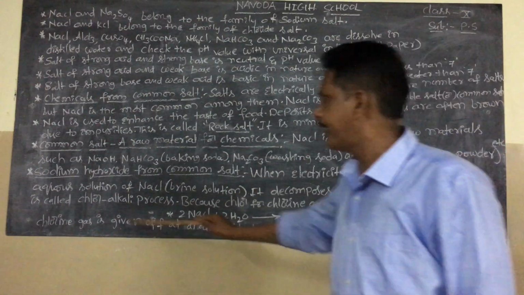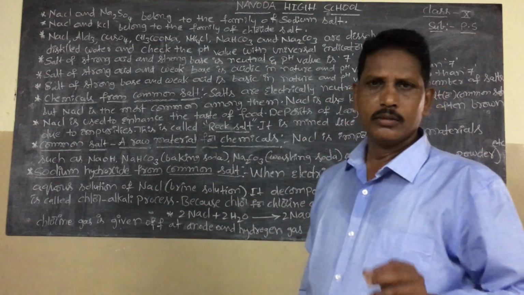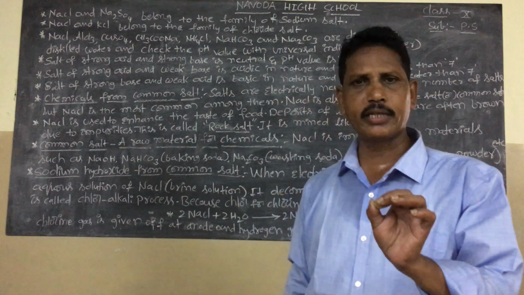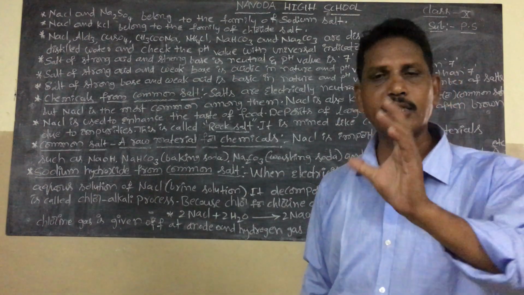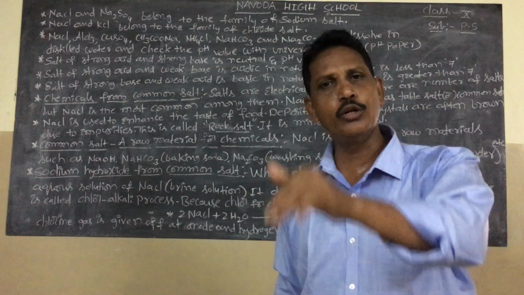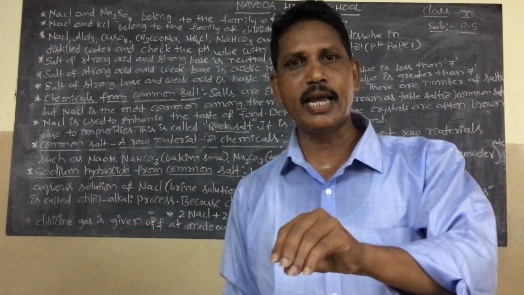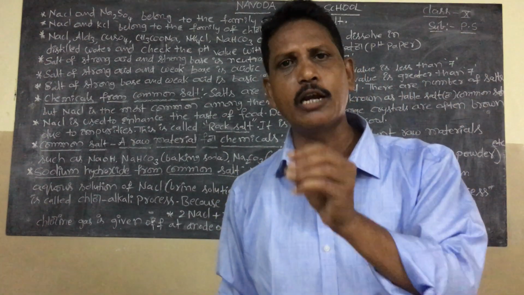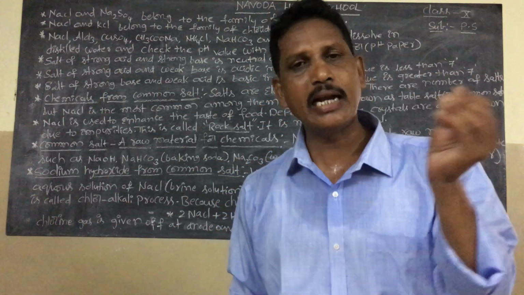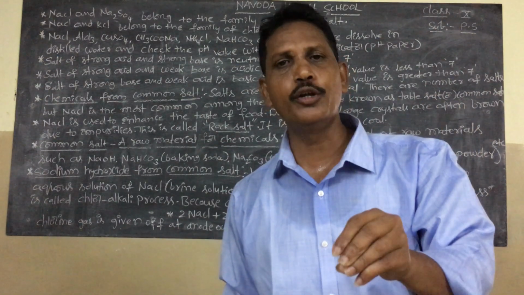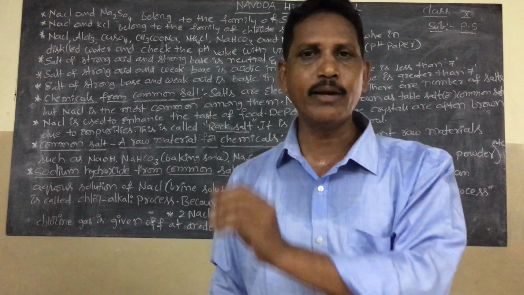Okay, next one, sodium hydroxide from common salt. Sodium hydroxide is produced from common salt. When electricity is passed through an aqueous solution of NaCl, called brine solution, it decomposes into NaOH.